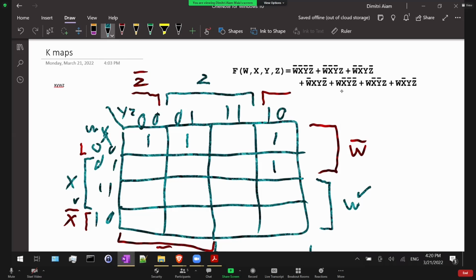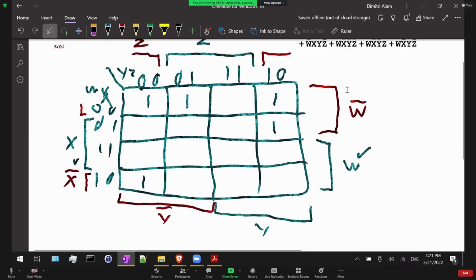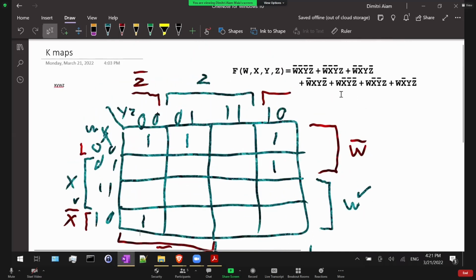Z negative, and then y, z. Plus negative, 1, 0, 0, 0. Z negative, and then y is also negative. So over here, that's 1, 0, 0, 0. 1, 0, 0, 0. Yes. So it's a 1, 0, 0, 0.